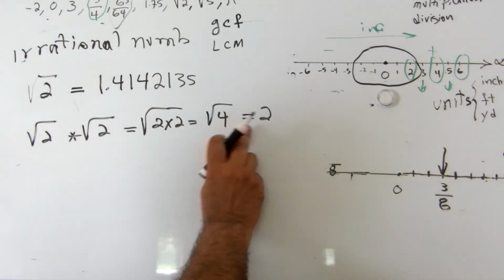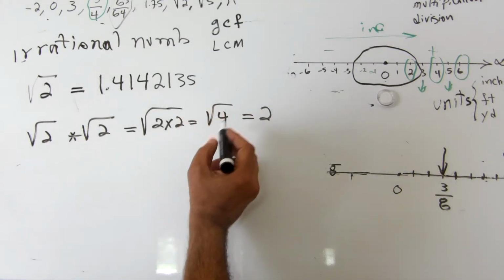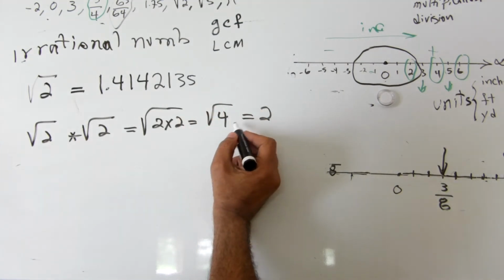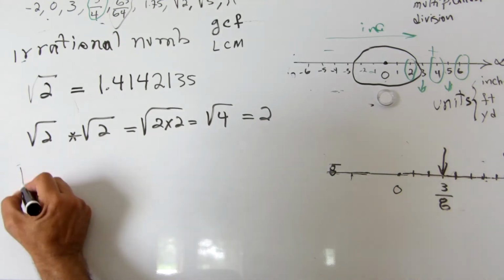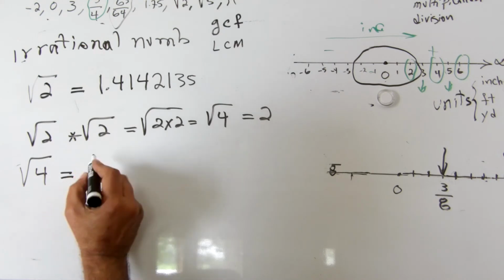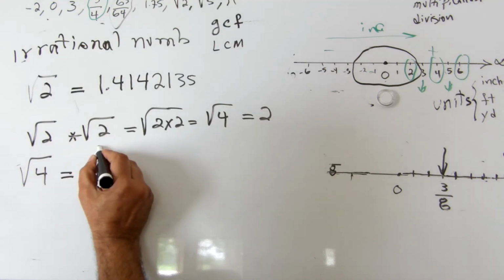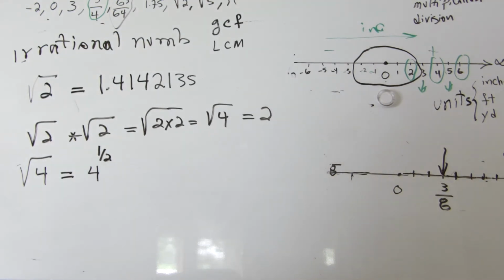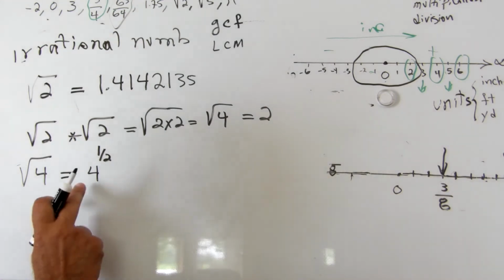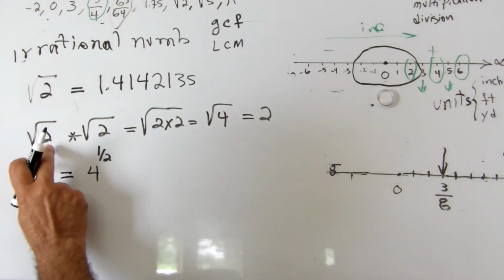Let me explain to you why this is going to be like this. Actually, radical 4 is equal to 4 to the power of 1 over 2. You can write it this way.